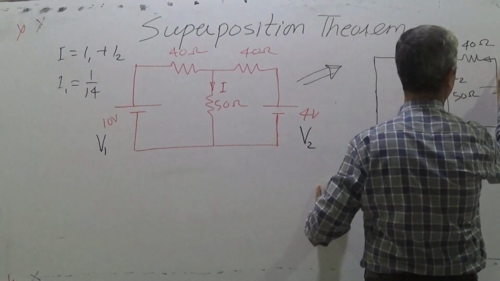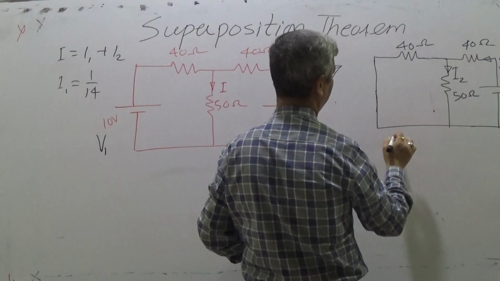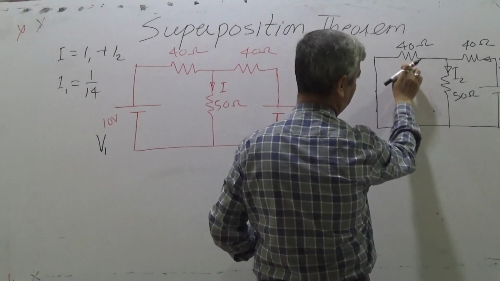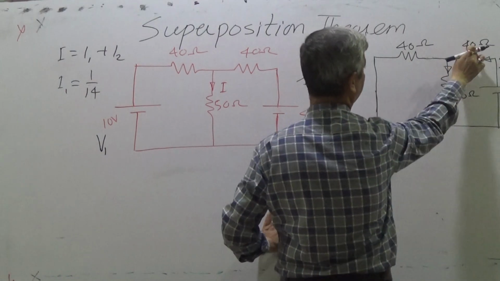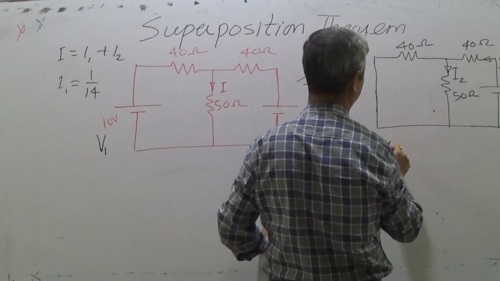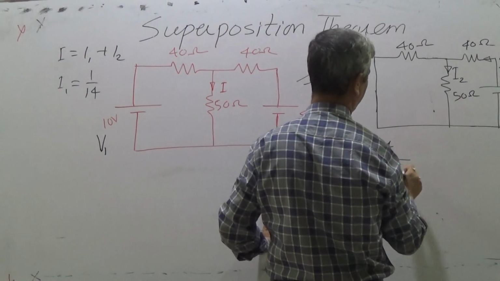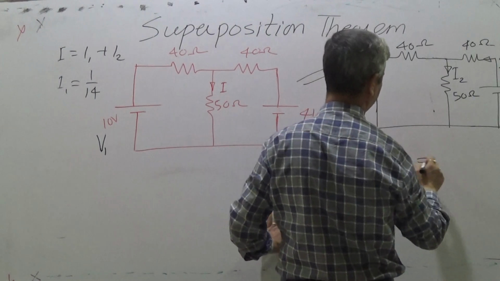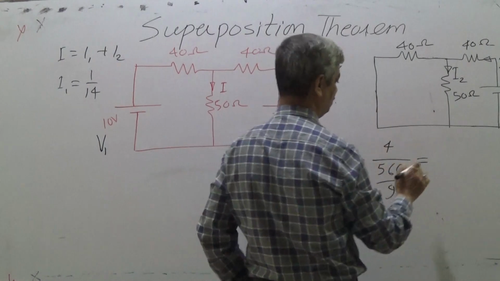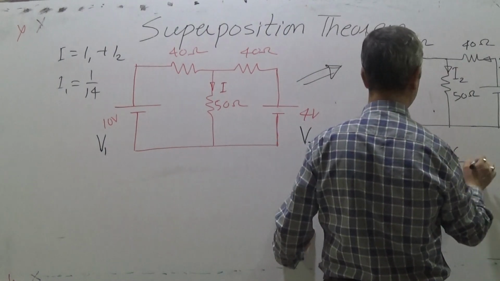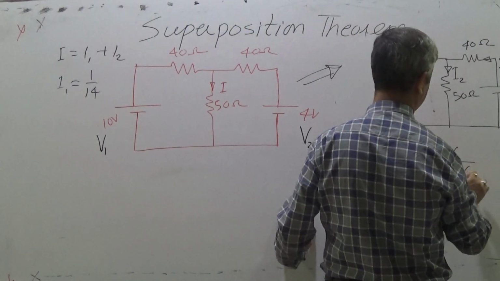This I will call as IT now. This IT here would be the 40, 50 in parallel, which is 200 by 9. So 200 by 9 plus this 45, 60 by 9. So it will be 4 upon 560 upon 9. In the earlier case it was 10 upon this, now it is 4 upon, so it will be 36 upon 560.